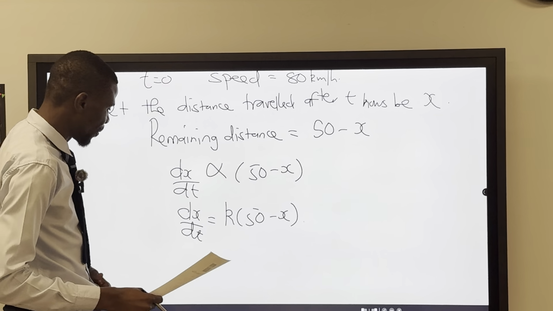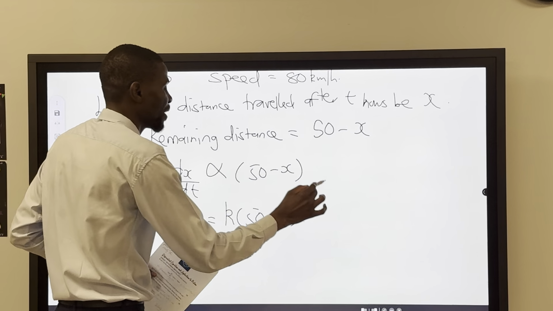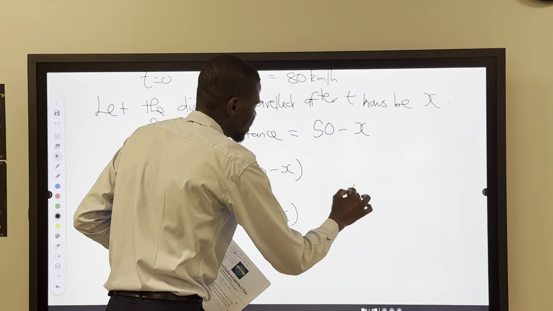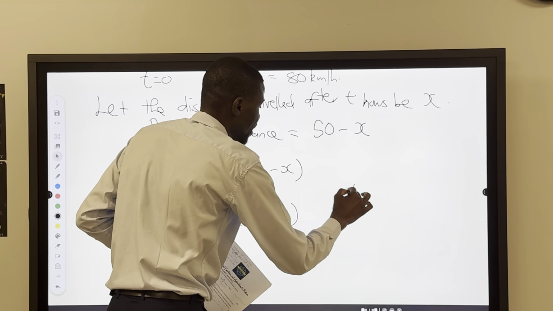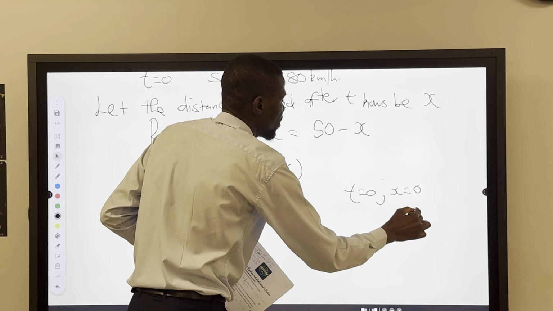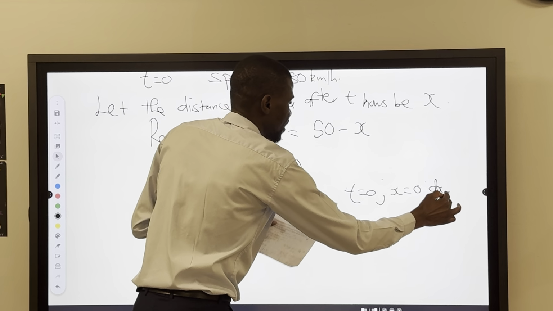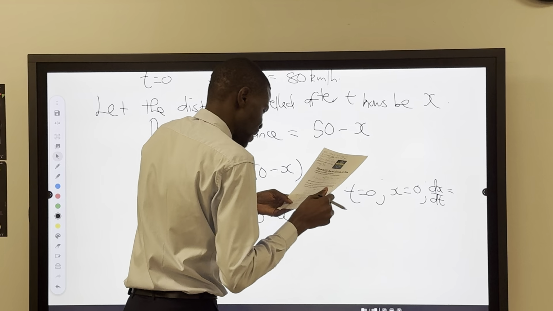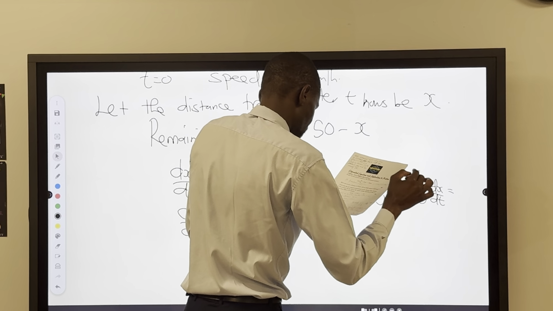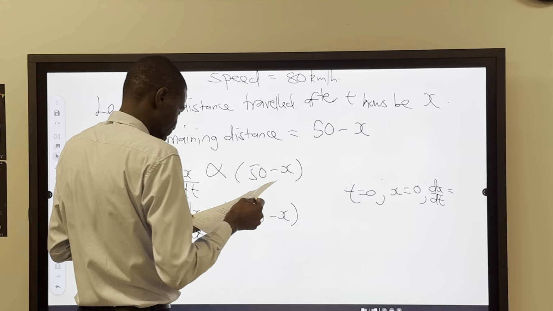We can find the value of k using the initial conditions. When time is 0, the distance traveled is 0, and at the same time dx/dt is equal to, what was it? We need that one as well.